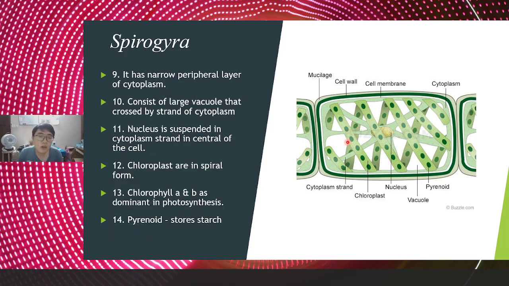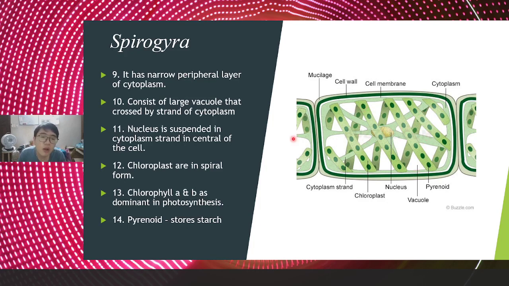And also it has a narrow peripheral layer of cytoplasm. So this cytoplasm is called a narrow peripheral layer. If you see, it is between the chloroplasts, so it is called the peripheral layer, and it is narrow. You see that it is very sempit punya. Dia bukan macam plant cell, it is a very big area.